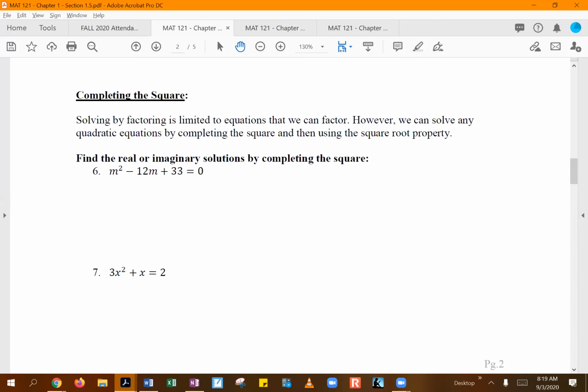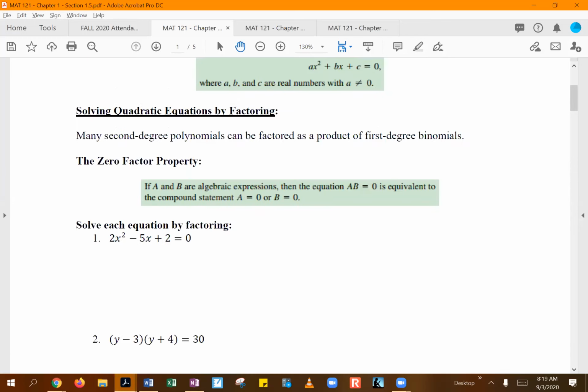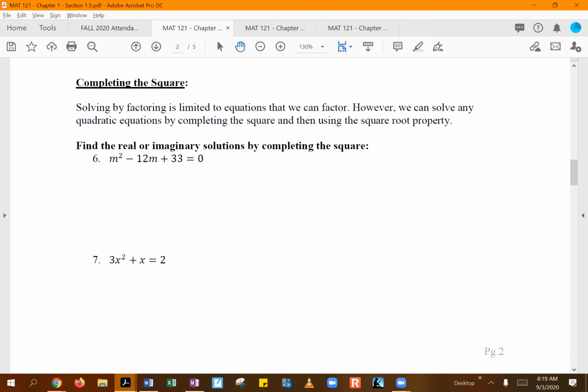We're using the same concept of completing the square, and you'll be seeing it again in the next couple chapters. But the idea is, the square root property and factoring do not work on every type of quadratic equation, so they have restrictions. But completing the square, you can use on any type of quadratic equation, and it will definitely work out for us.